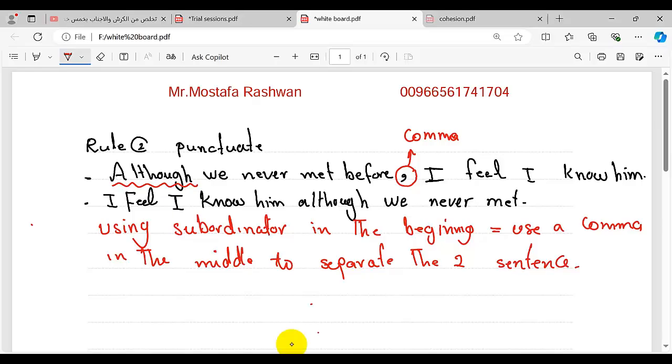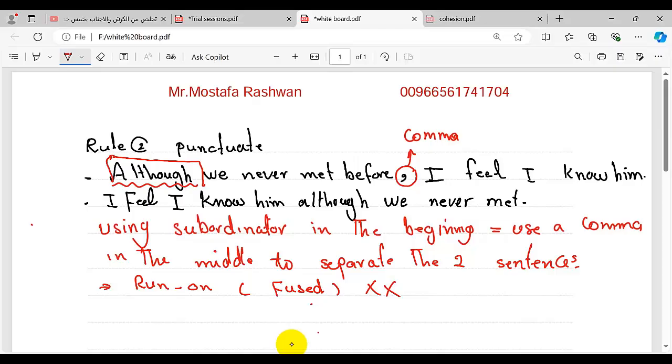What if I didn't use a comma in the middle when I use the subordinating conjunction? This will make a mistake. The sentence will be a run-on or a fused sentence. This is wrong in writing. Okay, this makes you be penalized. You will lose some marks. This affects the quality of your writing.